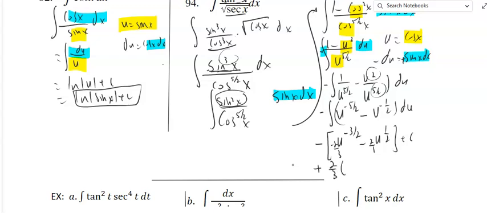You could leave that up there, you could put it in the denominator. U was a cosine. I'll distribute that plus twice the square root or cosine of x to the 1/2, and there it is.